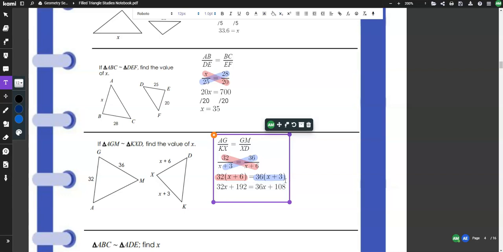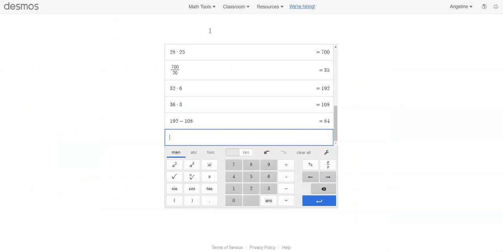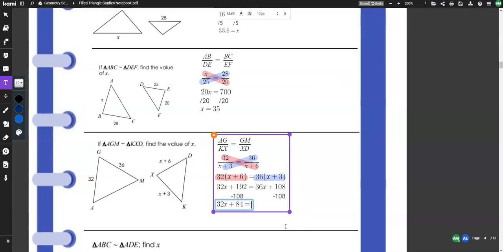So what I'm going to do is I'm going to go ahead and subtract 108 from both sides. And that's going to leave me with 32x plus 84, I think. Let's check. 84. And we'll set that equal to 36x.